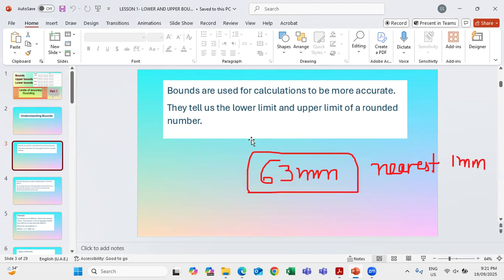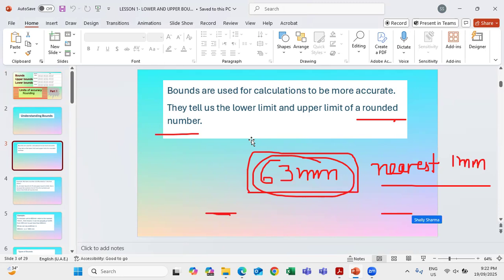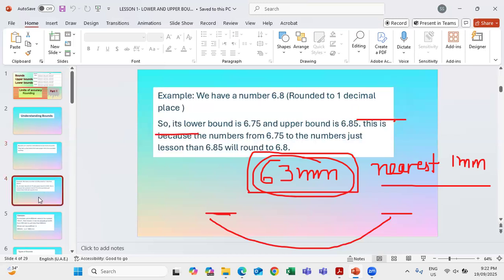This is a rounded value, an approximate value, rounded to the nearest 1 millimeter. So the actual value can be slightly different from this 63 millimeters. What is the lower limit for that value and what is the maximum highest value? That gives you the lower bounds and upper bounds.